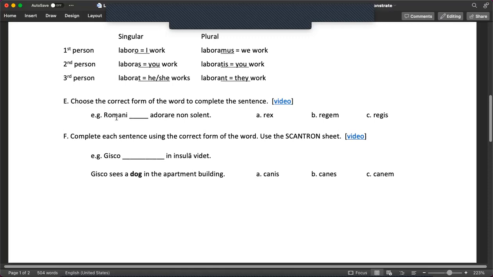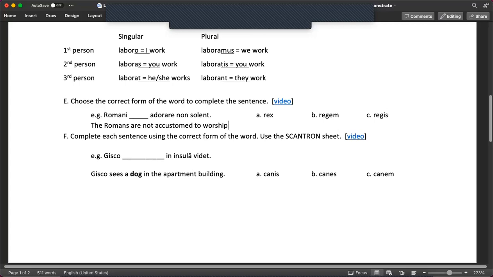In Latin, I know that this word Romani means the Romans. And I know that because my ending here is the letter I, I know that I have a plural. So Romani, the Romans. Non solent, this is a verb that means to be accustomed. So are not accustomed. Okay, adorare, with this re, I know that this means to worship.